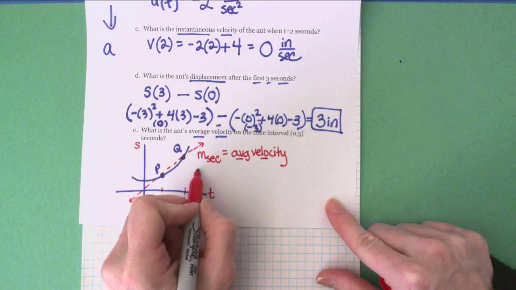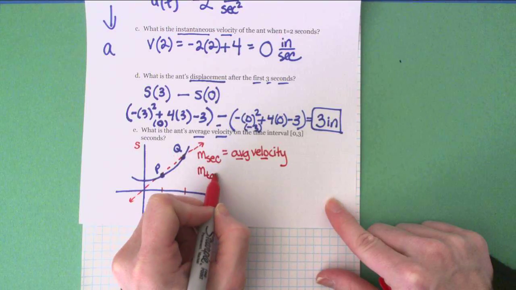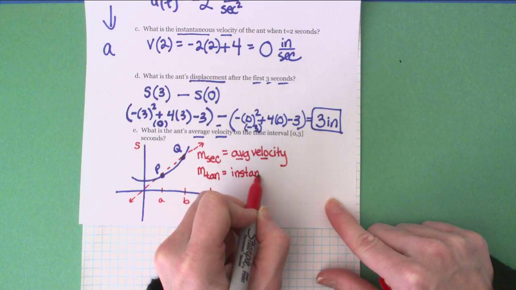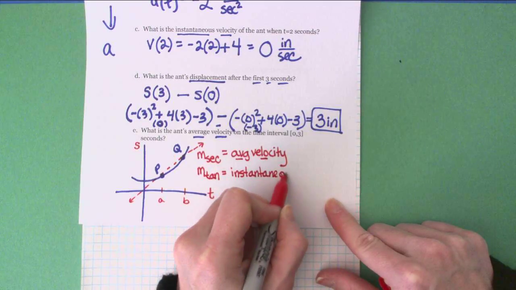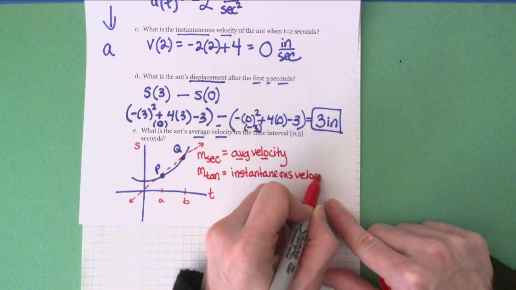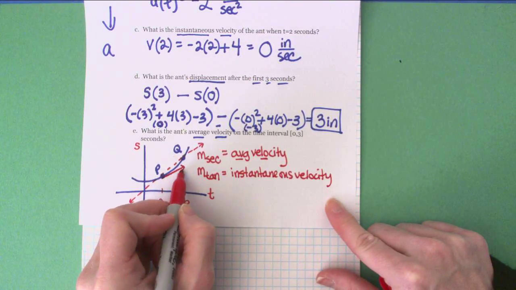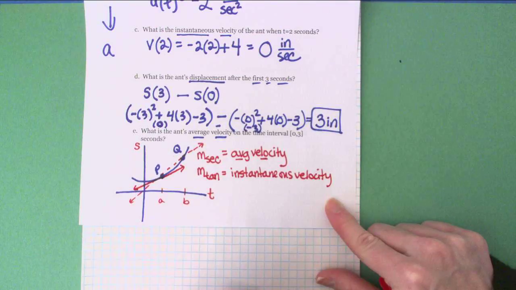Now, the slope of the tangent line is going to equate to instantaneous velocity. So if I were to draw a tangent line at P, that's going to be the instantaneous velocity at P.